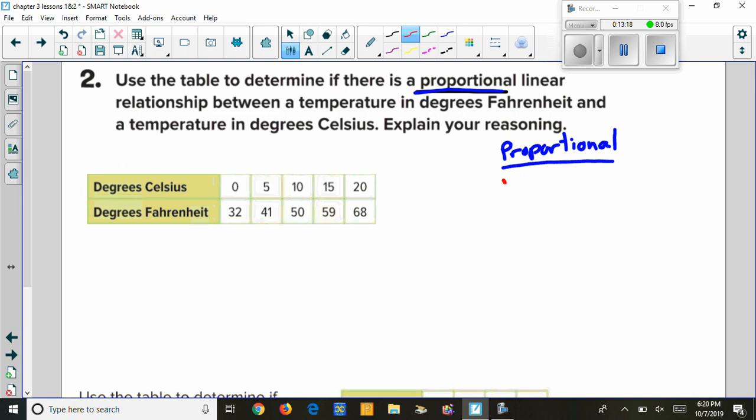First, I'm going to see if this is linear. After we find that, I'm going to find whether this crosses the origin, meaning the point 0, 0.